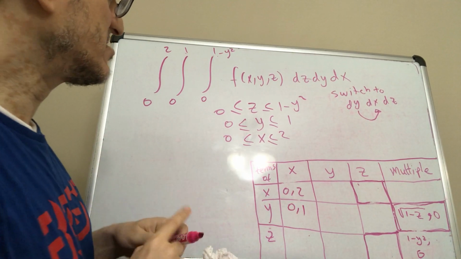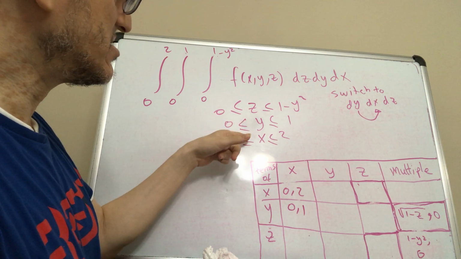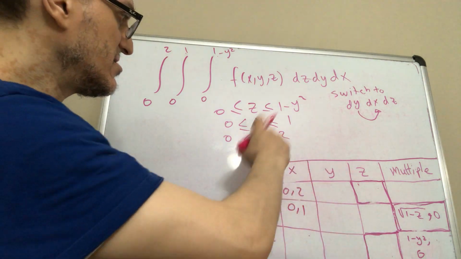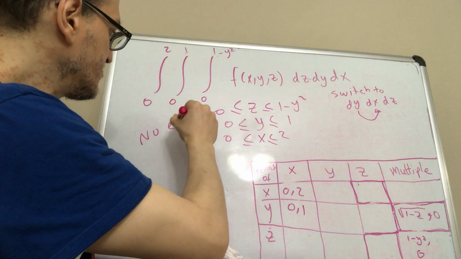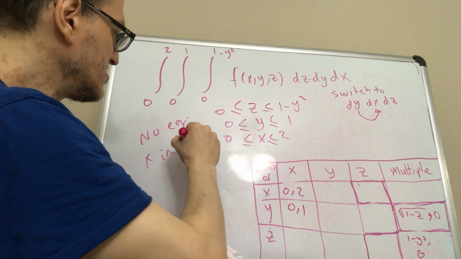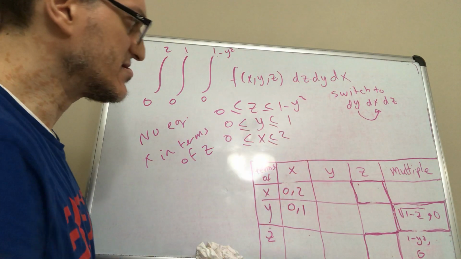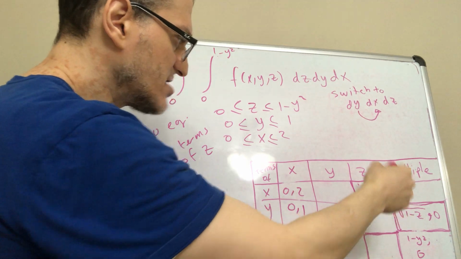Now we need x in terms of z. You'll see there is no equation for x in terms of z. If there is nothing where you see x and z together, stick to the numbers. So whatever the numbers are, leave them.